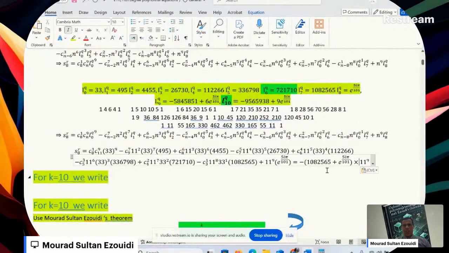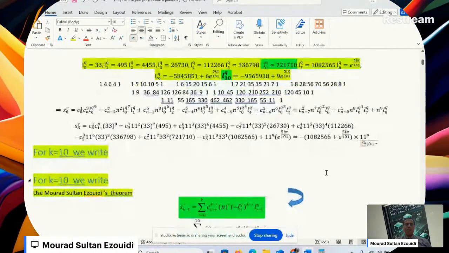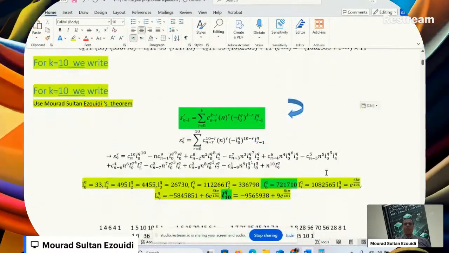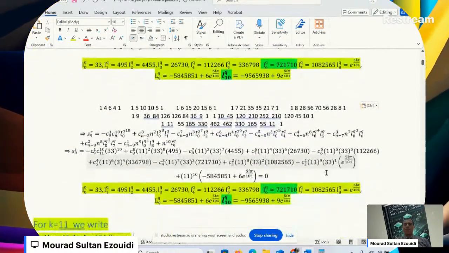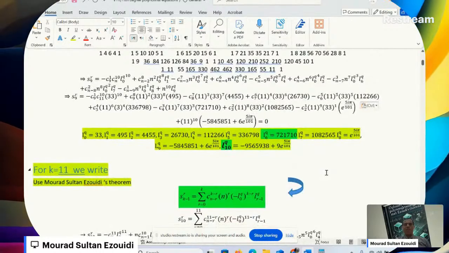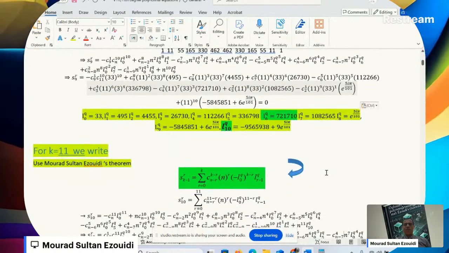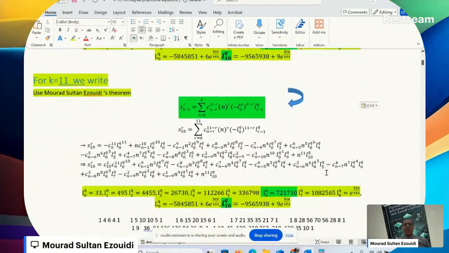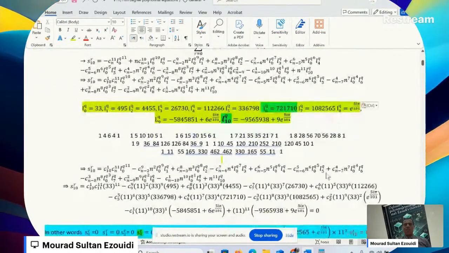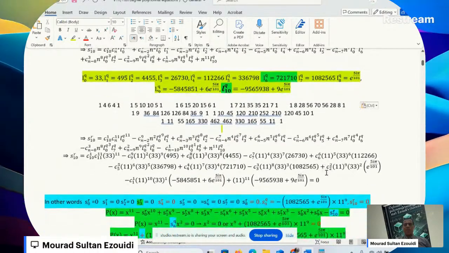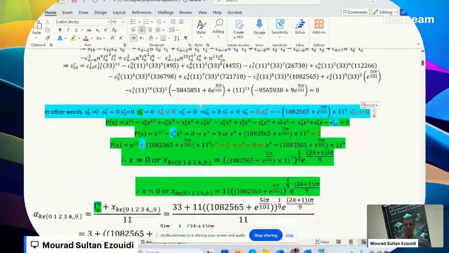Don't forget about the negative sign because I took only this. Because S8 is different from 0, let's come here and write the value of S8, which is equal to negative.